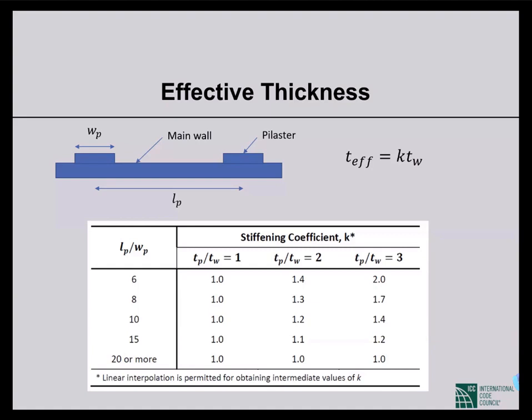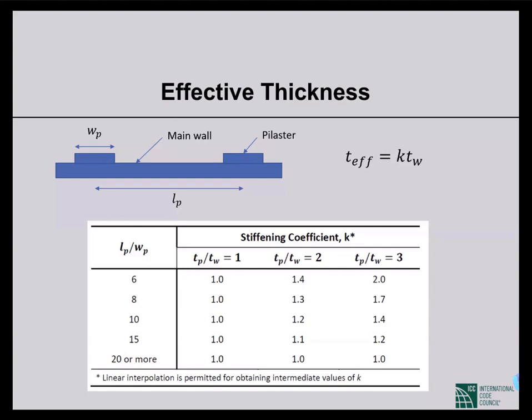Now the K depends on two things. One is the LP by WP ratio, which is the center to center distance of the pilaster spacing, and pilaster width is WP.